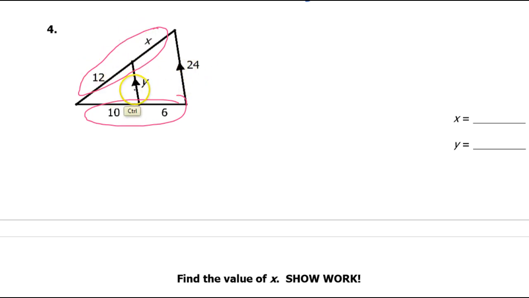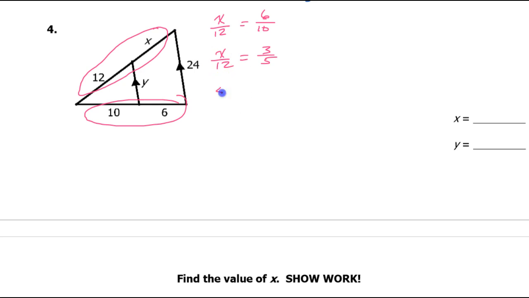Anyway, the Side-Splitter Theorem tells me that I can make a fraction out of the x and the 12 and the 6 and the 10. And those should be equal. These are proportional. So, for example, I can write x over 12 is equal to 6 over 10. So that means that x over 12 is going to equal 3 over 5.